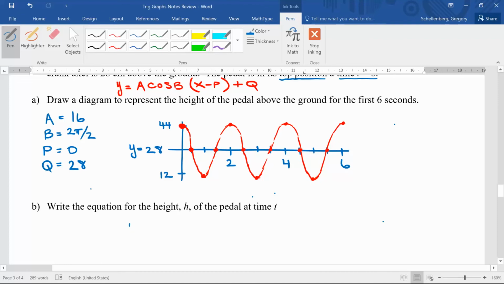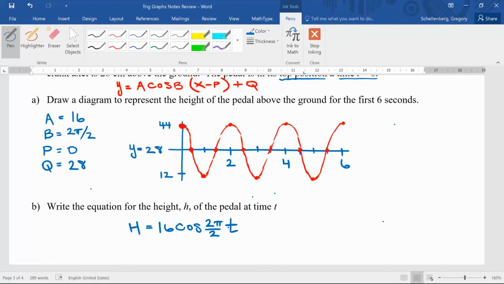Okay, so height is our dependent variable h, so we get h is equal to, now this is a positive cosine function, so we have 16 times the cosine of 2 pi over 2 times our independent variable t. There's no phase shift, so it's not t minus something or t plus something. And then our vertical displacement, which is plus 28.